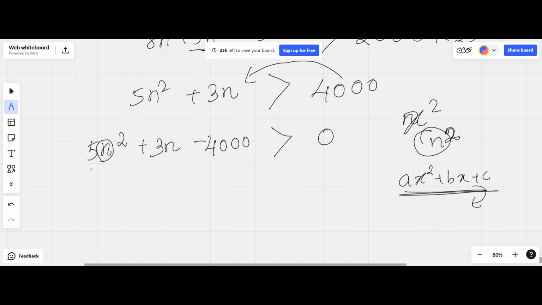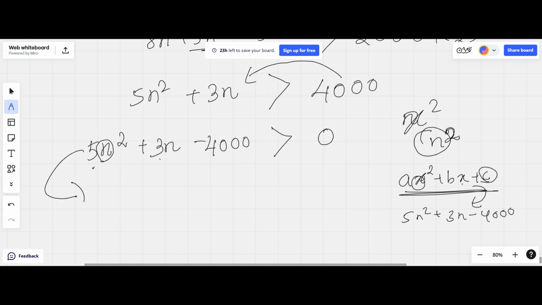You see here 5n squared, instead of x there is n, plus bx, 3 into x, instead of x there is n, plus, for c, here this is minus 4000. So basically this is a quadratic equation.